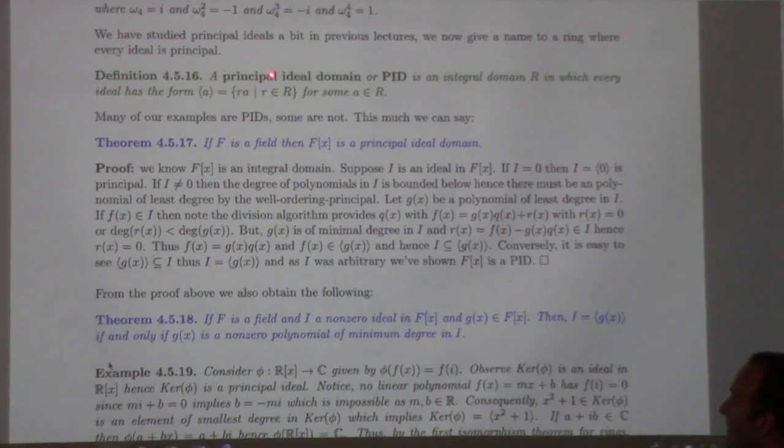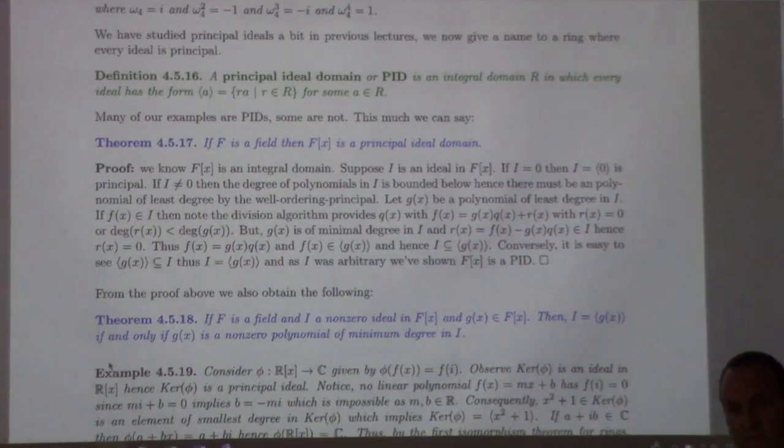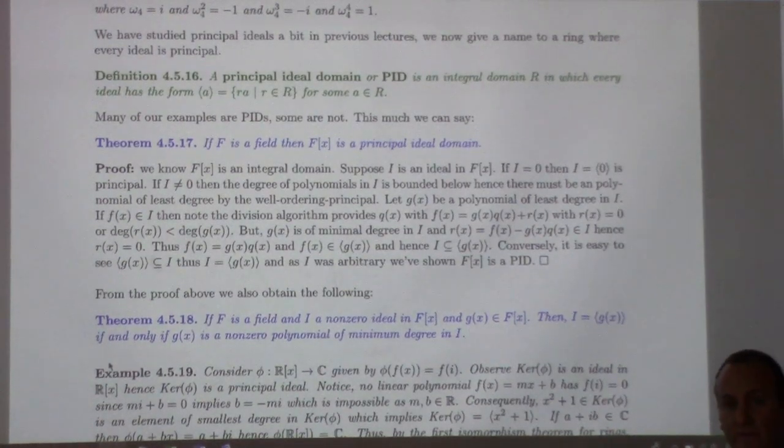A principal ideal domain, or PID, is an integral domain in which every ideal has the form of a principal ideal. What this is right here is a proof that polynomials over a field form a principal ideal domain. It's very simple. If you take an ideal in the set of polynomials, all you have to do is find the lowest degree polynomial which appears in that ideal, and that will form the generator for the ideal.